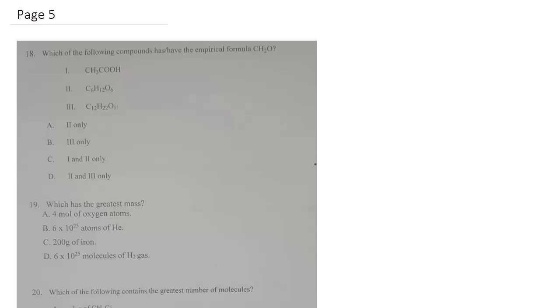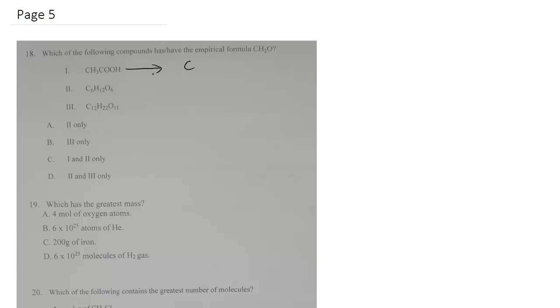Which of the following has or have the empirical formula of CH2O? Now, to figure this out from our options, you need to figure out how many carbons, how many hydrogens, and how many oxygens it has, which is not very clear until you condense it.